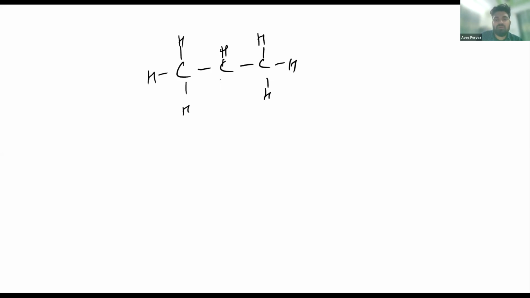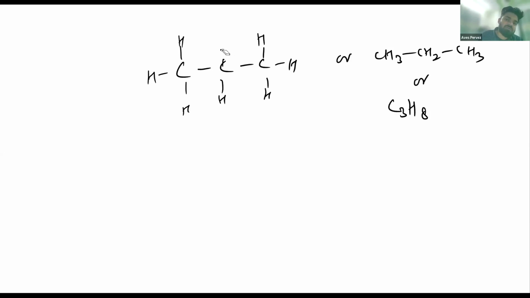How are we going to write the name? For example, if we have this carbon chain, it can be written as CH3, CH2, CH3, or as C3H8. All three have the same name. What is the name?